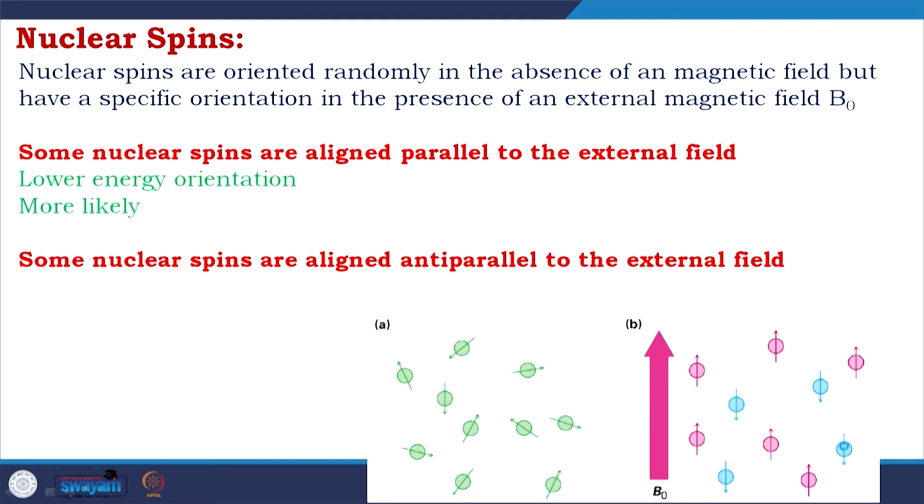The pink ones are parallel to the external field, whereas the blue ones are anti-parallel, and this is a higher energy orientation and less likely. By more likely and less likely, I mean more populated and less populated. In the lower energy, stable state, more nuclei are there. In the higher energy, anti-parallel alignment, it is less populated.